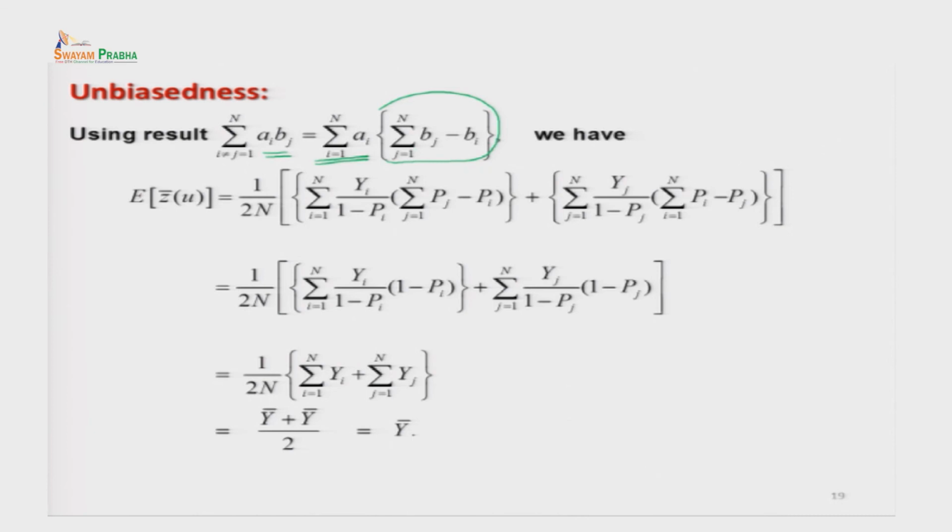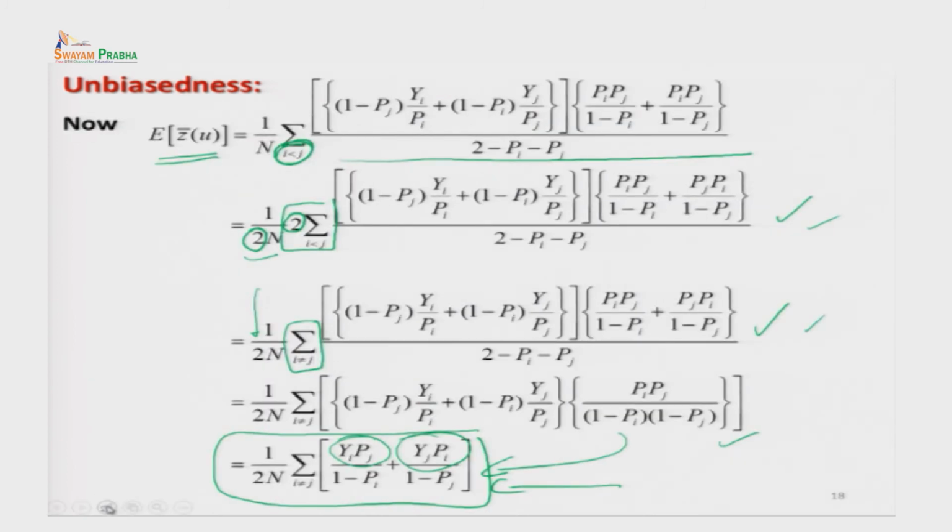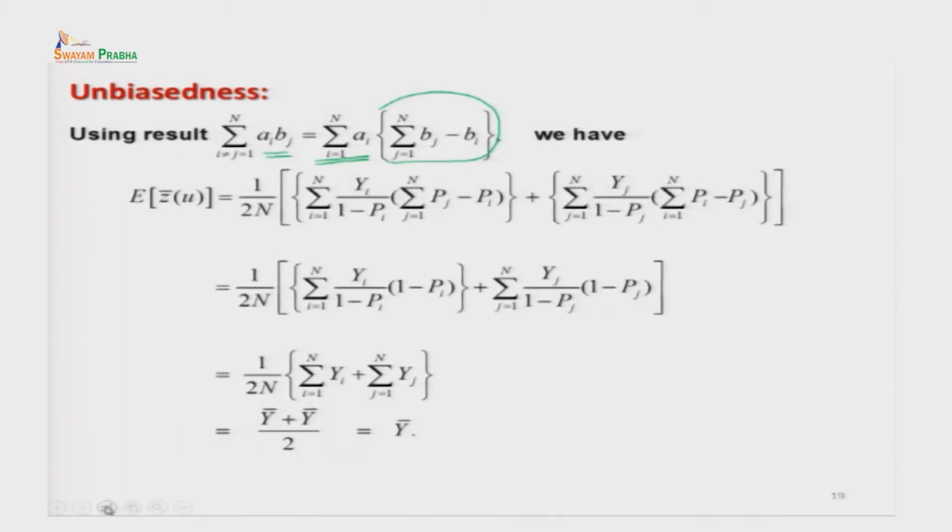It means you are simply replacing bj by the whole sum minus a particular value. Okay. So now I use this thing, and here, which I am marking in red color, this pj and here pi, I am using this result, and this will become yi upon 1 minus pi, and it will become here j goes from 1 to capital N of pj minus pi, and the same thing is here for the second probability.